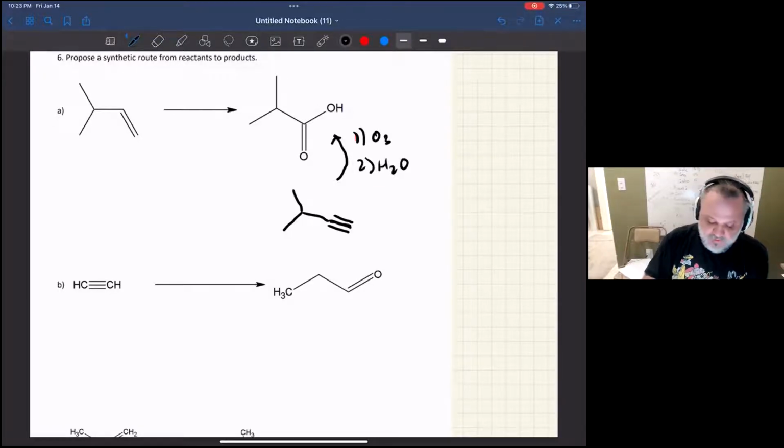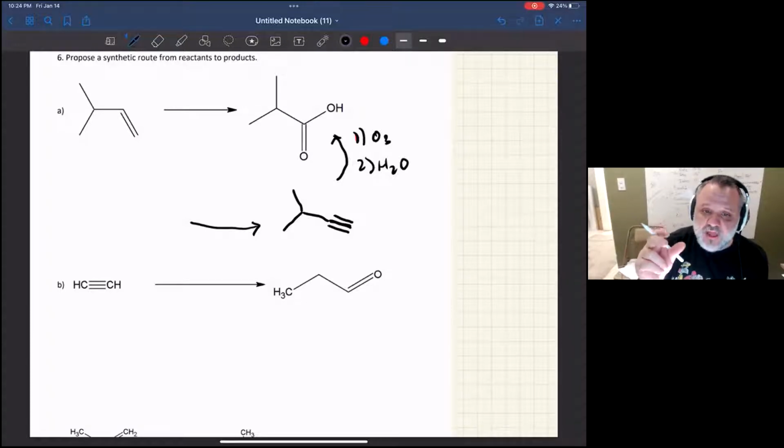Okay, and so now I want to figure out, how do I get to this alkyne? Well, the only thing I can think of for making alkynes is I can either use alkylation with an alkynide ion, but the thing about using alkylation with an alkynide ion is that it forms carbon-carbon bonds.